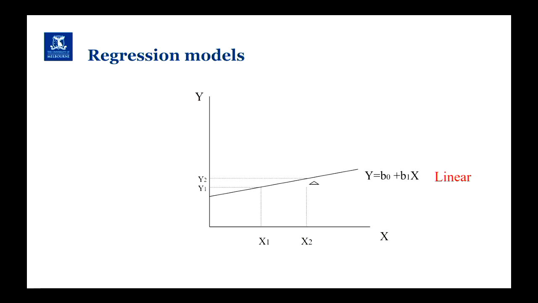So that's the linear regression, which is the most widely used regression model in our research analysis or in econometrics analysis. We can find there is a B0.